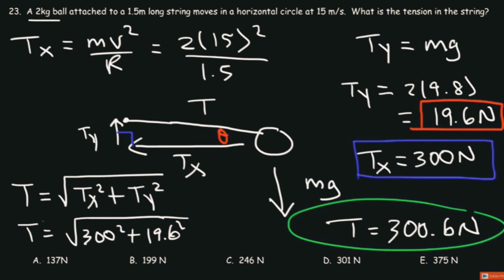But the exact answer is choice D. We could round that to 301. It is a little bit higher than Tx, but not by that much.